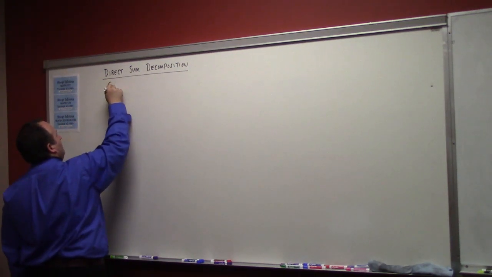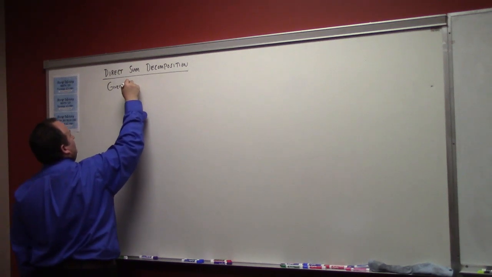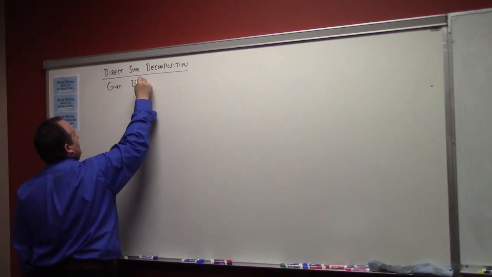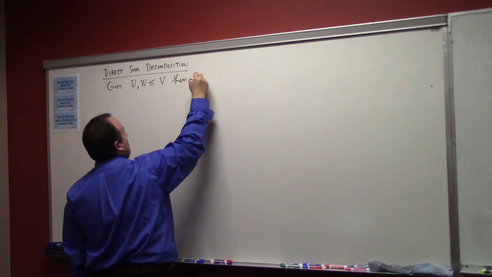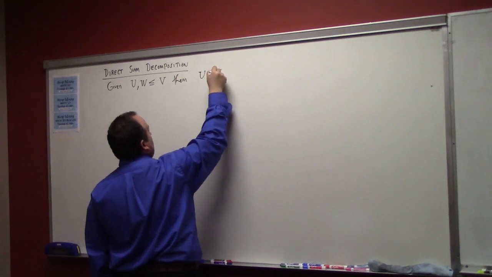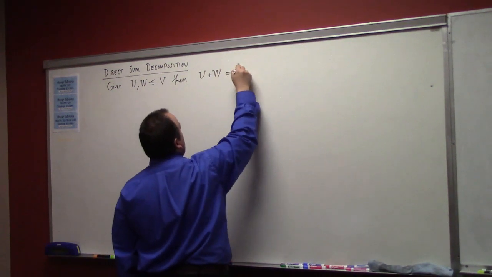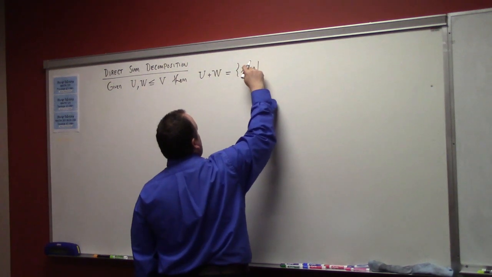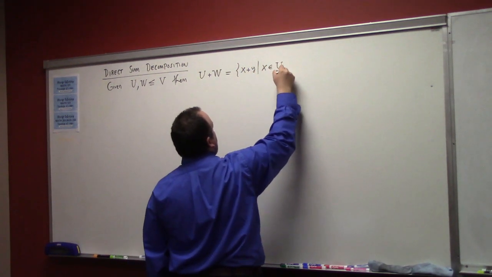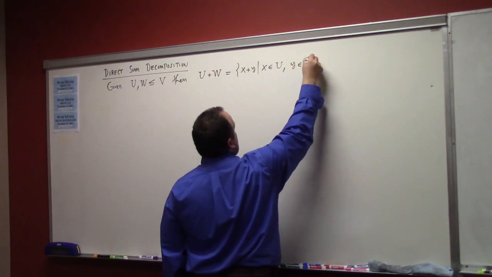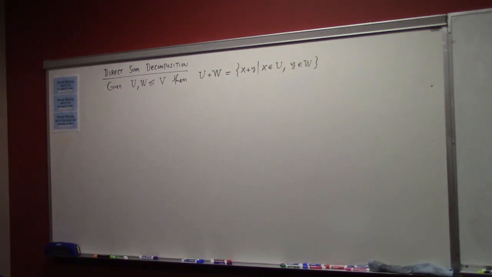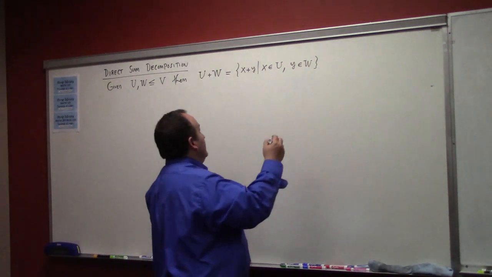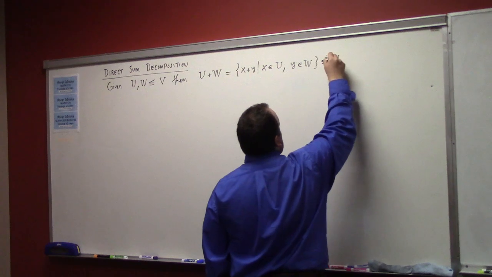If we're given, let's say, U and W subspaces of a vector space V, then we can define U plus W as equal to the set of X plus Y such that X is in U and Y is in W. Well, we can talk about how to add subspaces, take the sum of two subspaces. And of course, it's an elementary exercise to prove that this is in fact a subspace of V.